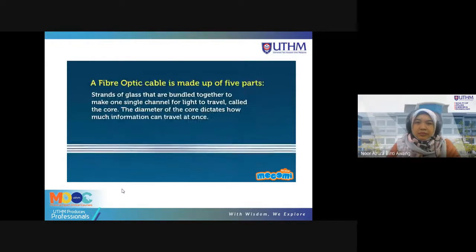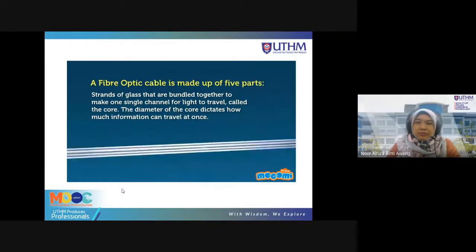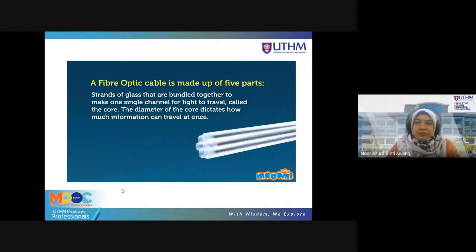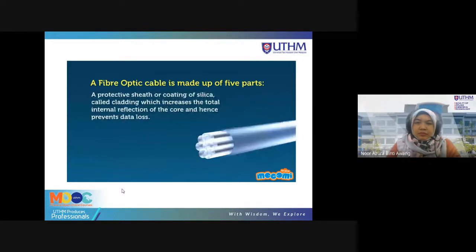Strands of glass that are bundled together to make one single channel for light to travel, called the core. The diameter of the core dictates how much information can travel at once. A protective sheath or coating of silica called cladding, which increases the total internal reflection of the core and hence prevents data loss.